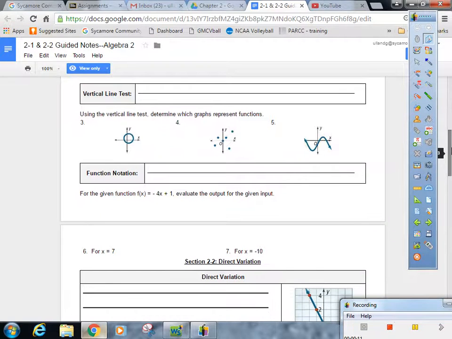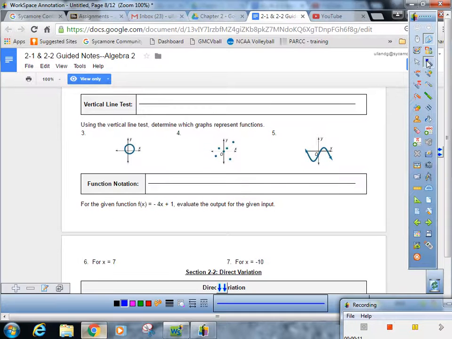Now, another way, the easiest way in essence, to test whether or not something is a function is called the vertical line test.